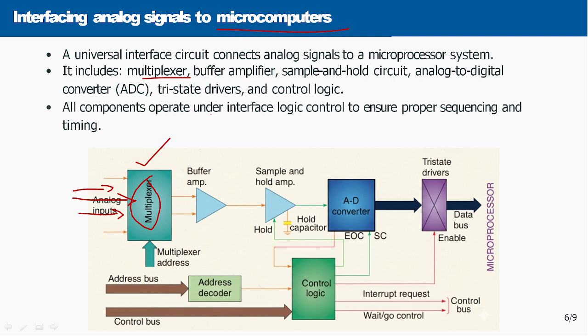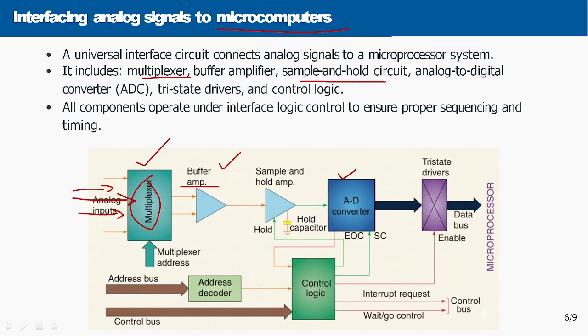That signal is then sent to the buffer amplifier for amplification, and this amplifier is also useful for impedance matching. Then we require that signal to be sampled and quantized so that analog to digital conversion can take place.